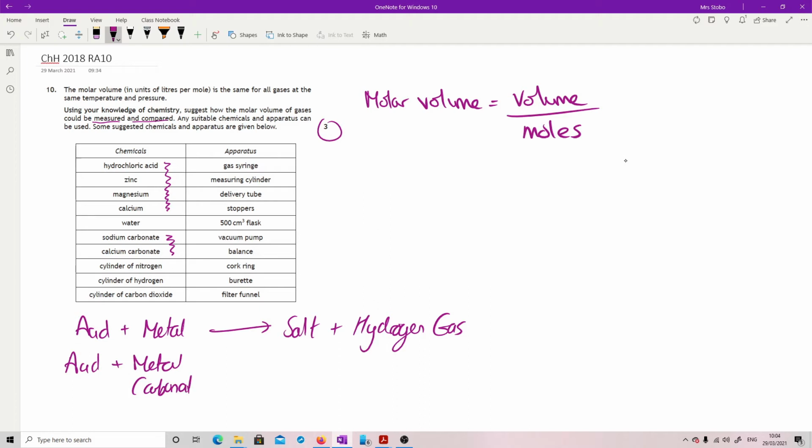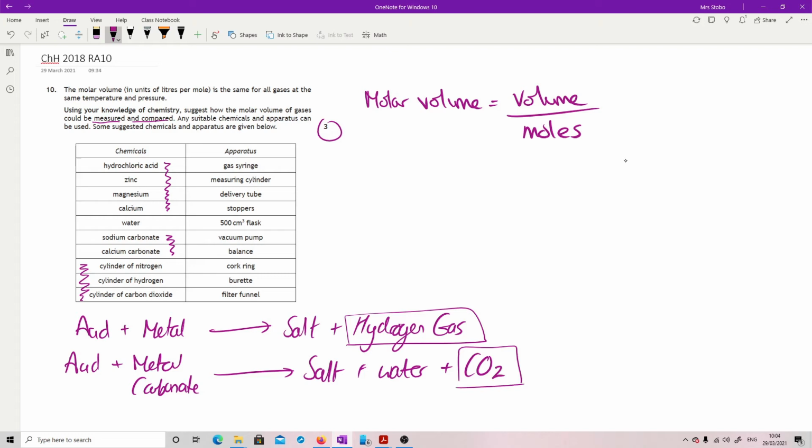And that is going to give us our salt and water and carbon dioxide gas. They've also given us the idea that we could just use cylinders of them. So what we could do is set up a chemical reaction, release a gas, capture the gas, find out how many moles of it we have, and we could then work from there.